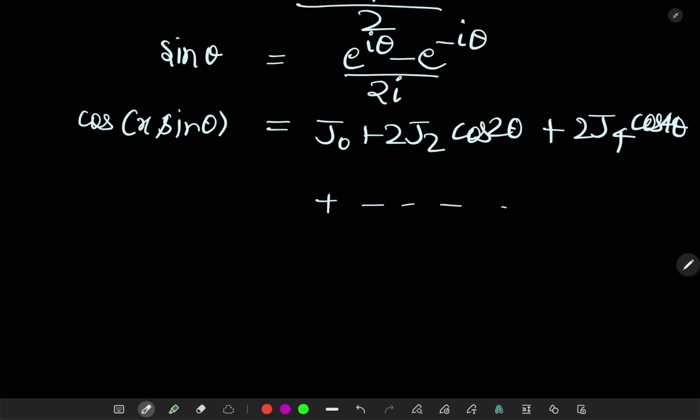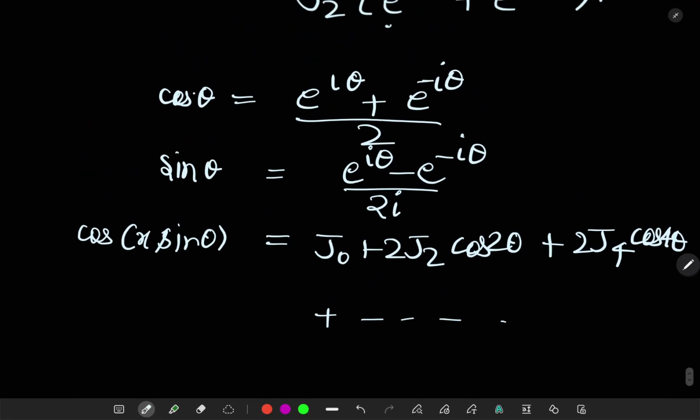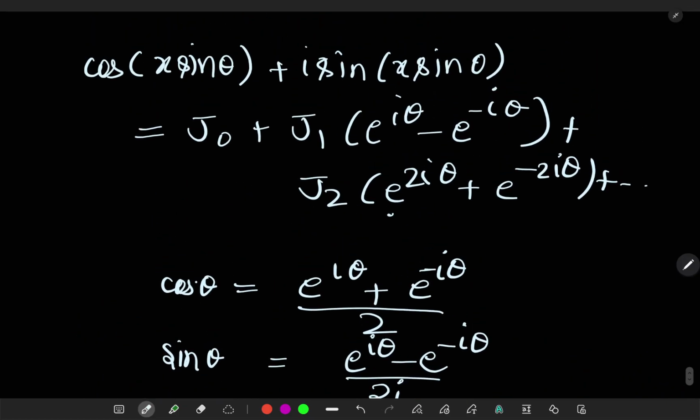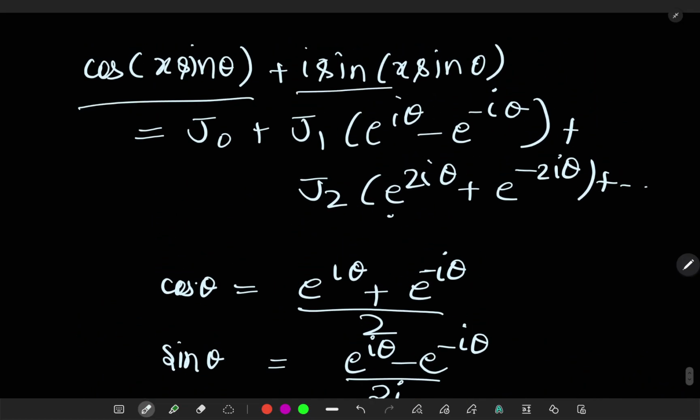and so on. We get these terms by comparing both sides, real term and imaginary term.